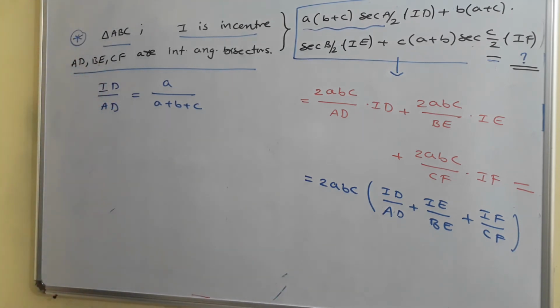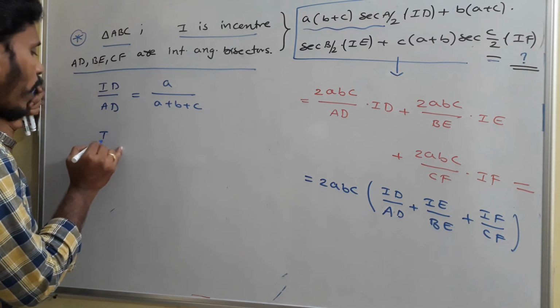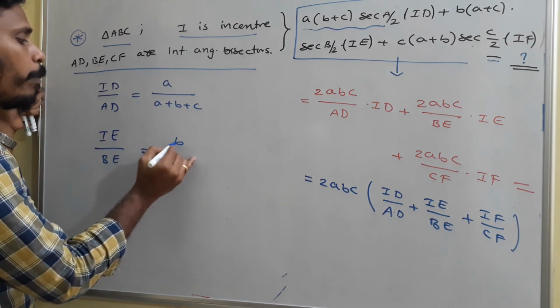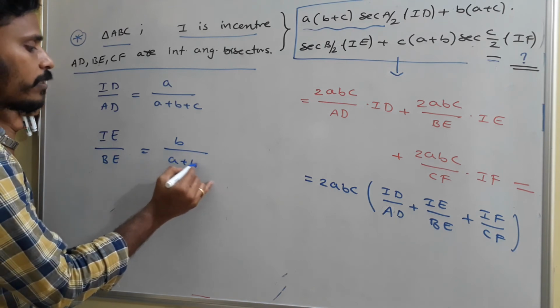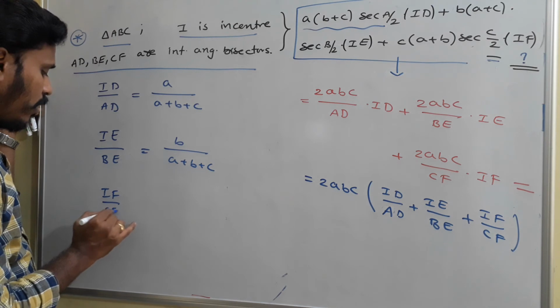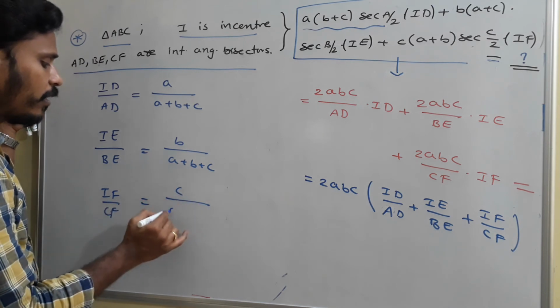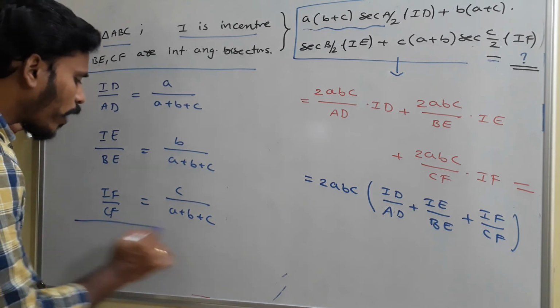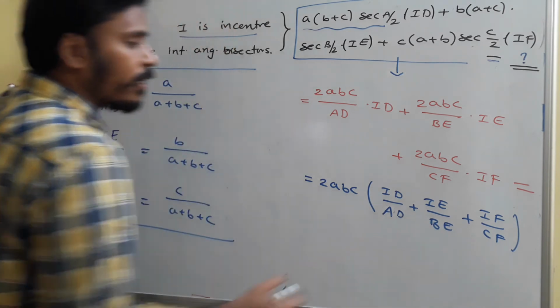When you think about the other angular bisectors, you have IE by BE as B by A plus B plus C, and similarly IF by CF as C by A plus B plus C. Now we are going to add all these three for this internal calculation.